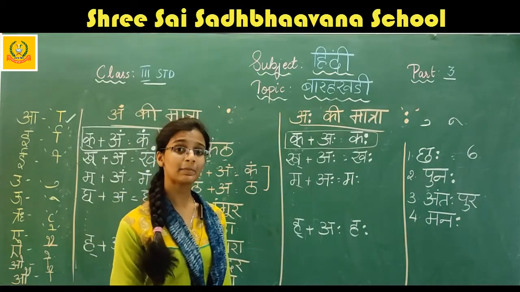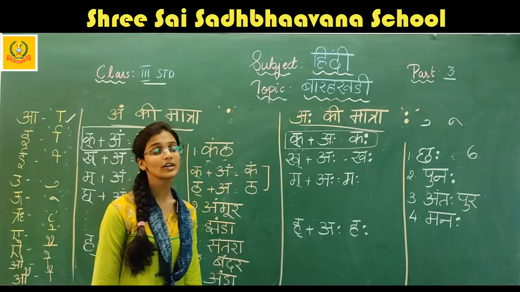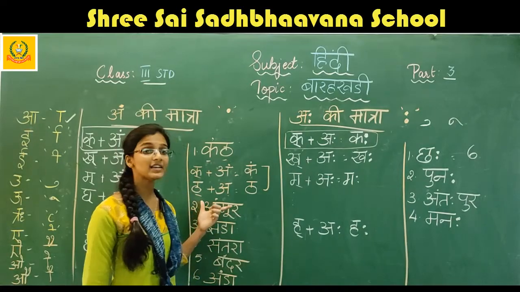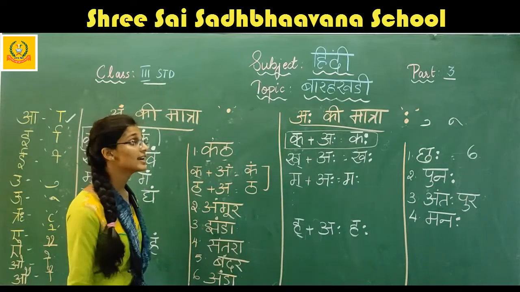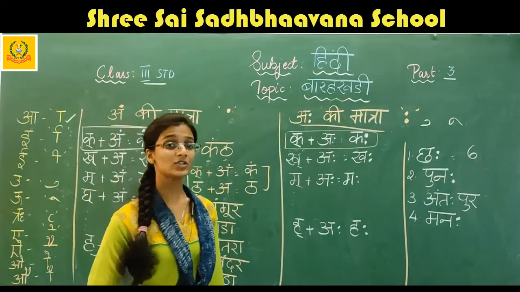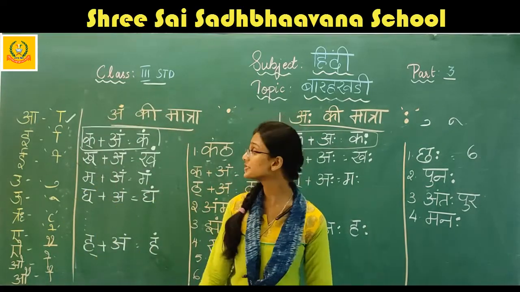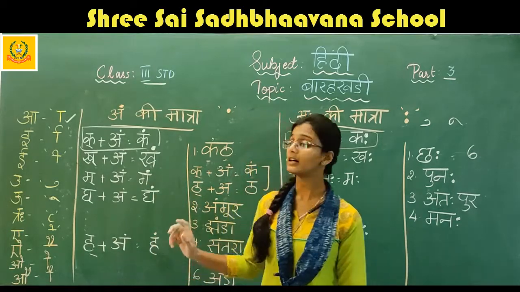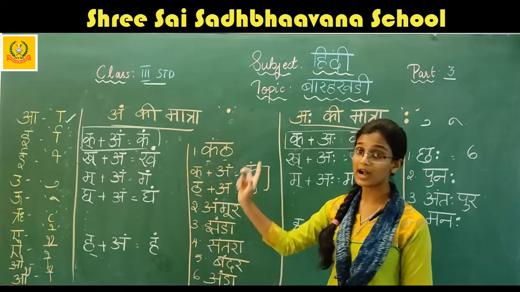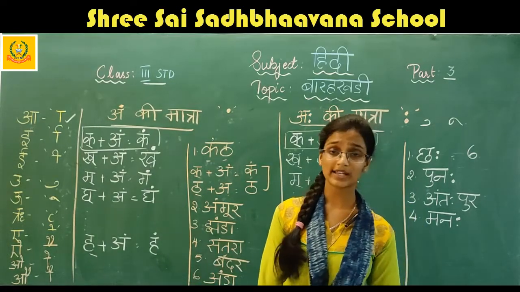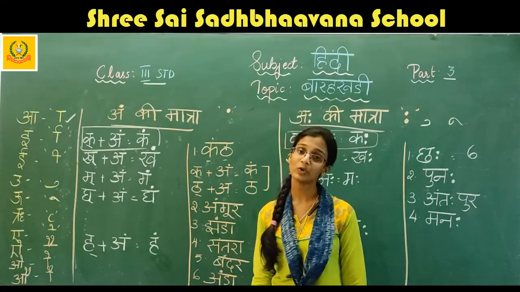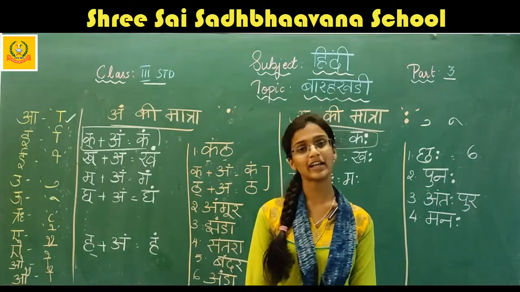So this example will help you to write, expand and write, and see whether you're able to get the respective examples. That is how we learned Bharakadi today. So children, we finished Bharakadi, that is all the matras, from A ki matra to aha ki matra. I hope this topic is very clear to you all and you have no doubt. So thank you and enjoy your day.